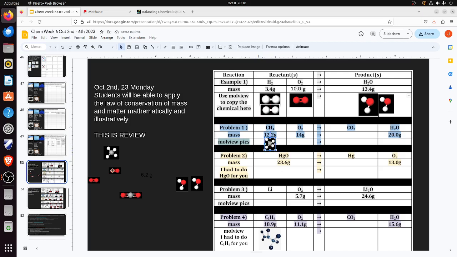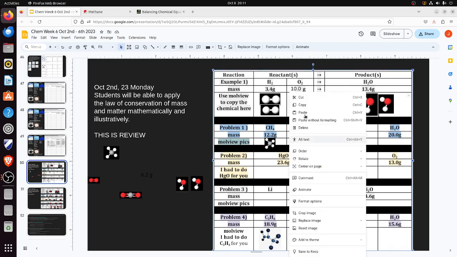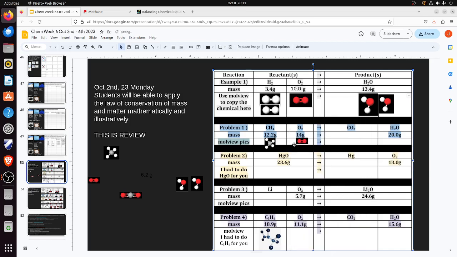Now we're going to need an O2, which again you can go to molview.org and just type in oxygen. If you're doing like me and using Google Slides to do this, there we go. I had to set this picture to go to the back in order for it to reveal the molecular oxygen there.